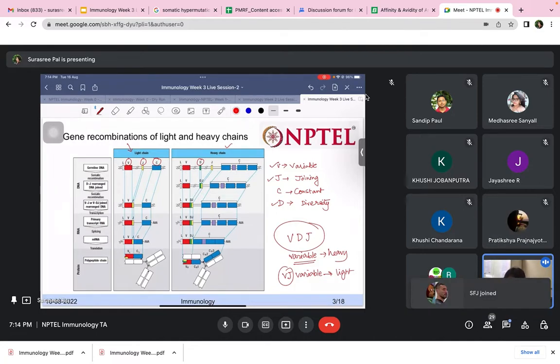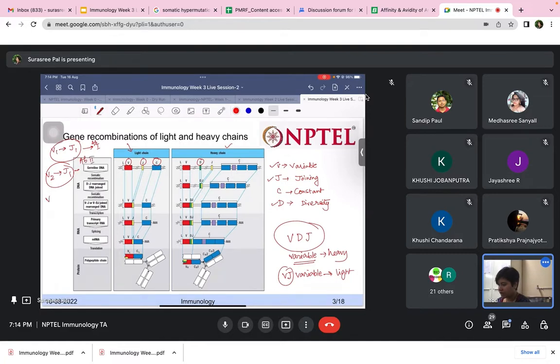I think you are able to understand this particular concept. Suppose V1 pairs with J1, then it creates, suppose, antibody number 1, right? If V2 pairs with J1, it will be antibody number 2.